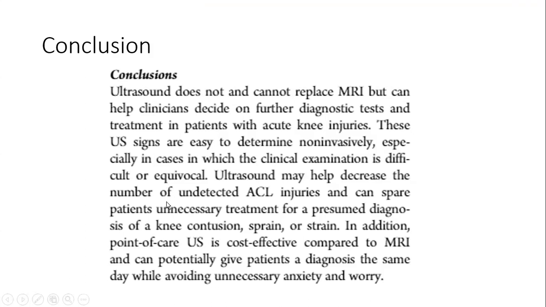Ultrasound may help decrease the number of undetected ACL injuries and can spare patients unnecessary treatment for presumed diagnosis of a knee contusion, sprain, or strain. In addition, point-of-care ultrasound is cost-effective compared to MRI and can potentially give the patient a diagnosis the same day, avoiding unnecessary anxiety and worry. So this is for those acute injuries, and you're trying to determine.